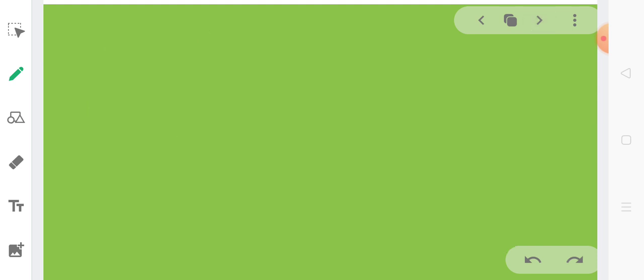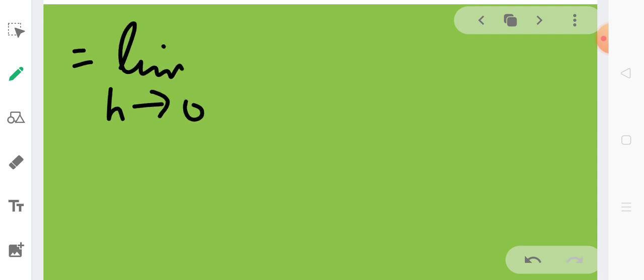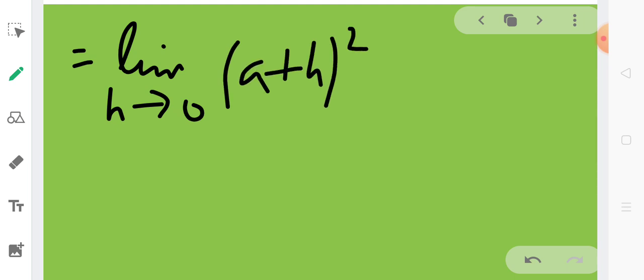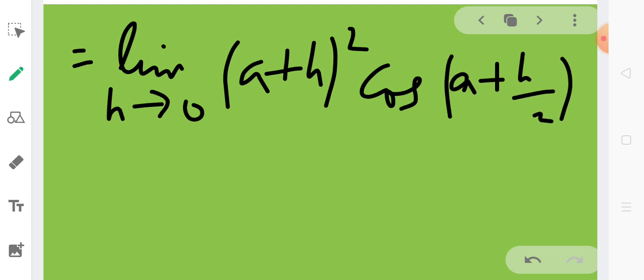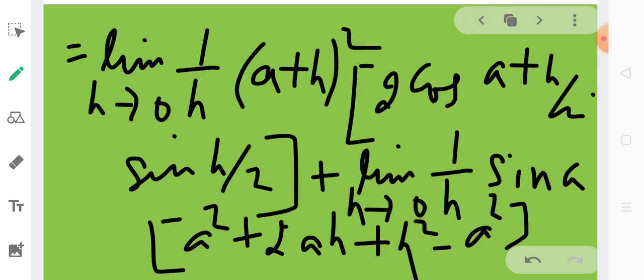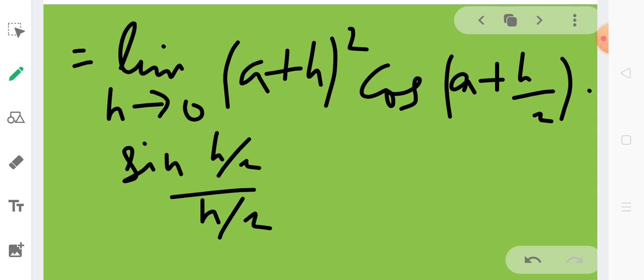Let's solve it out. This will be cos of (a plus h by 2) into sine of h by 2 by h by 2. See, in the first case we are having 1 by h, so instead of writing h I have written h by 2, and then in the numerator also I made h by 2.